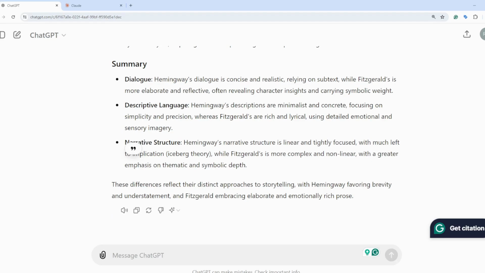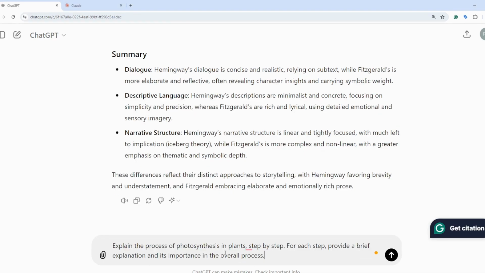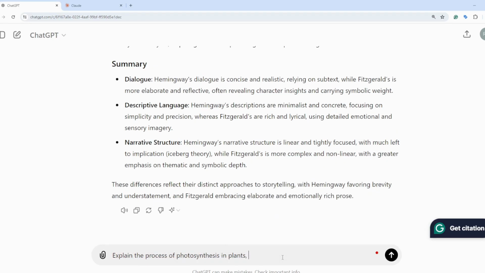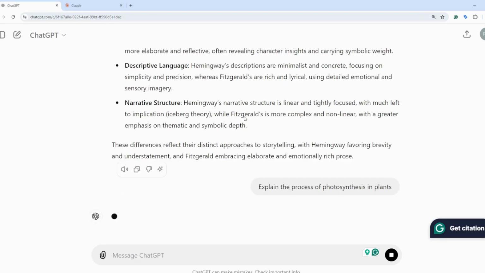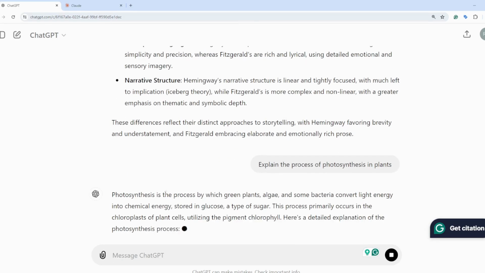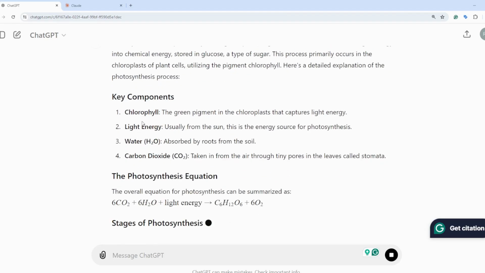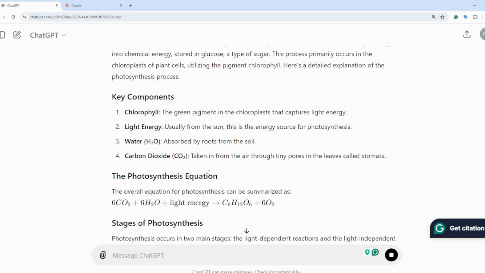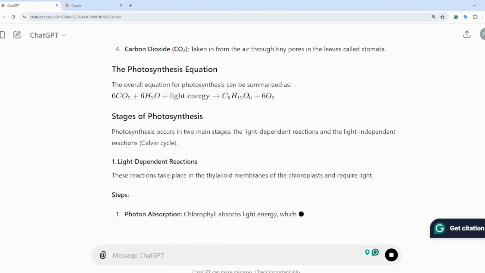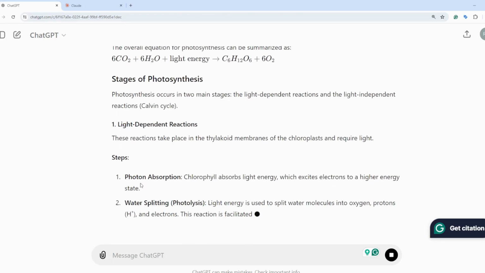Next one is very important, this is the step-by-step prompt. Let me just give it up to here. Okay, explain the process of photosynthesis in plants. I'm giving this one, let's see. So photosynthesis is the process, key components, photosynthesis equation, stages of photosynthesis.